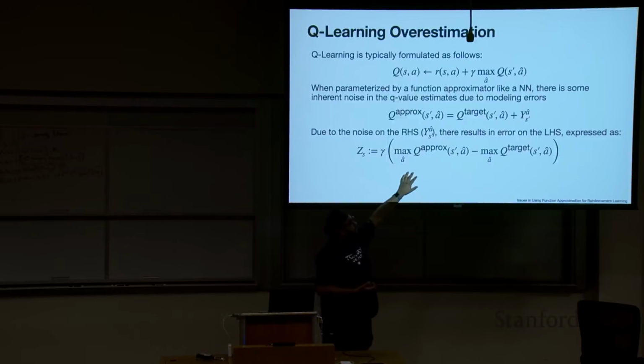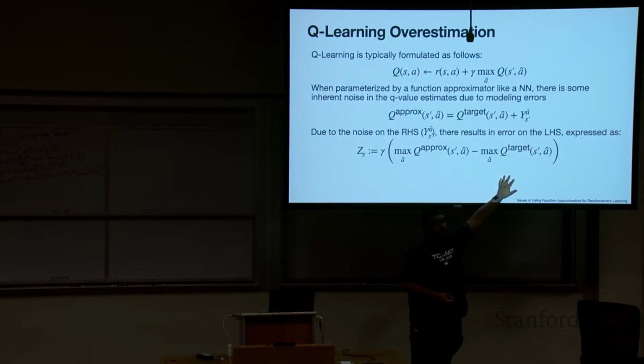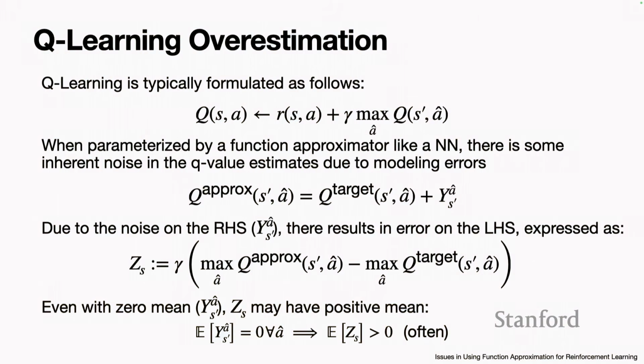Q approx of S prime A hat is basically what we see on the right-hand side, and Q target is what the true value would be. If we define even a noise that is zero mean, eventually the noise on the left-hand side, after one step of update, will have a positive mean, leading to our Q values being overestimated.